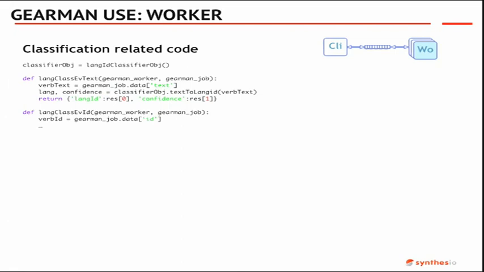So we receive the data, we get our object. Here it is a dictionary, since for communication with other languages we use JSON. So we grab the text from the dictionary, we classify it, and we send back a new dictionary with the probability of being a specific language and the language that was found.